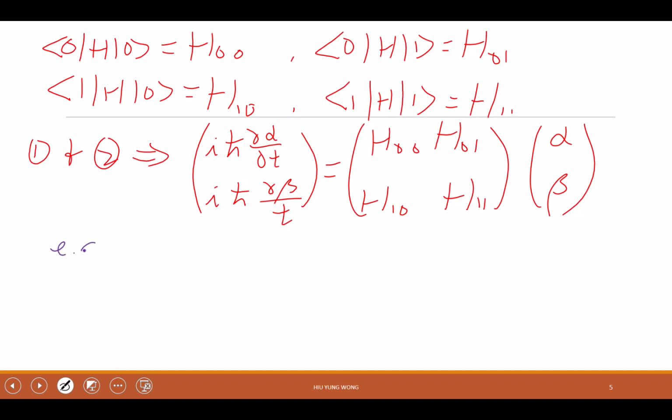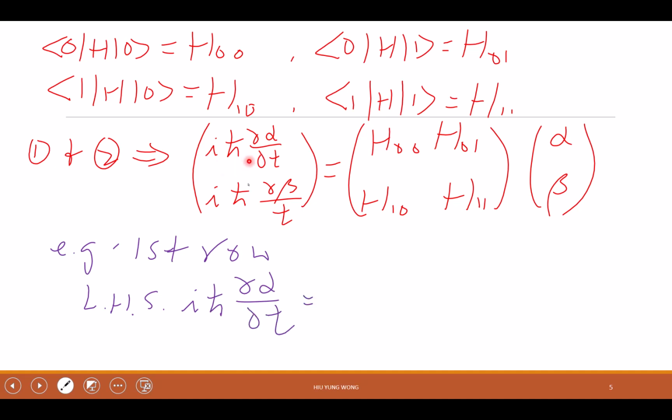For example, the first row. Look at the first row. The left-hand side is what? i h bar partial alpha partial t, right? I take the first row. What is the first row of the vector on the right? How do you find it? This one is a matrix. This is a vector. It will give me a vector. How do I evaluate the first element of this vector?